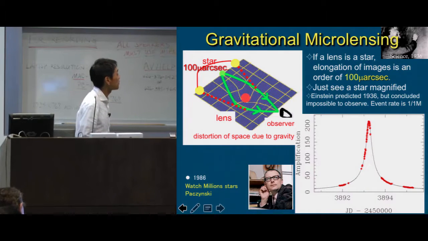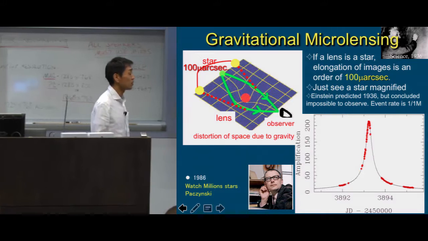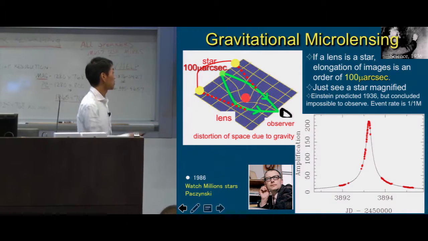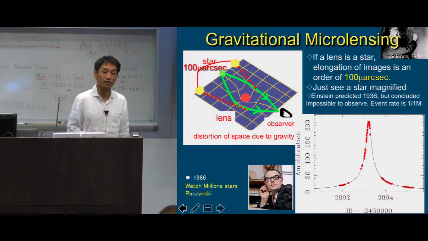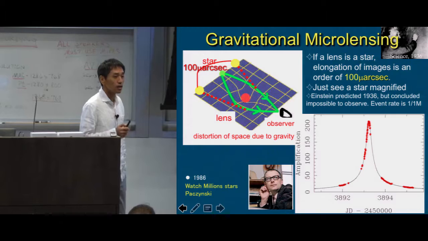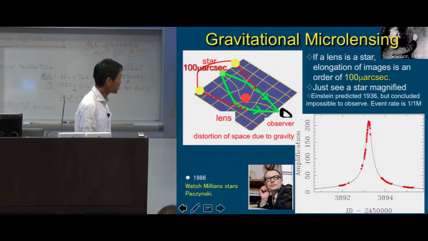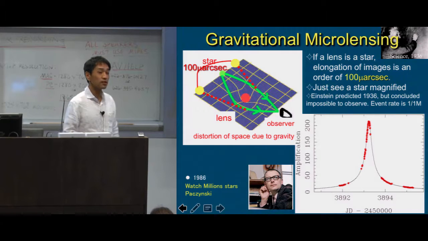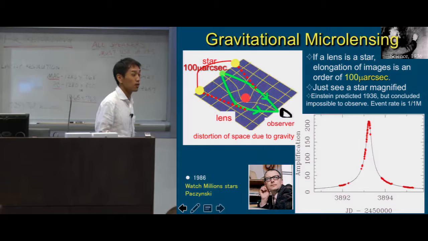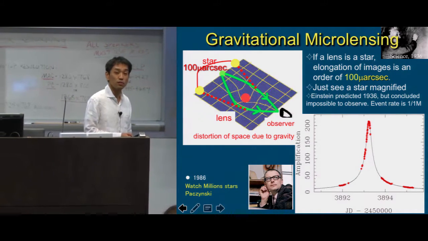But half a century later, Bohdan Paczynski proposed a microlensing survey: just watch millions of stars to detect such a phenomenon. This was a very timely proposal, because around this era people started to use CCDs for astronomical observation, which made such massive observation possible.